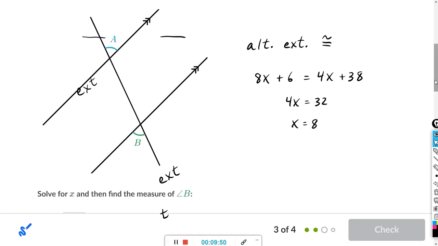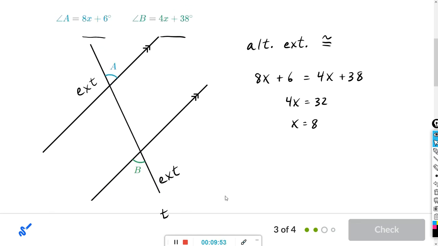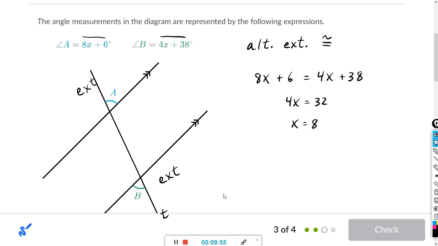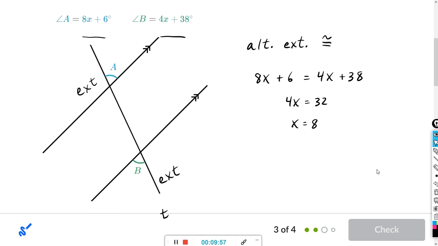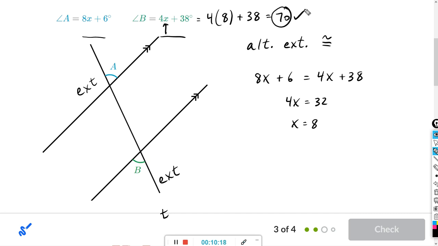They want the measure of angle B. So plug it in place of angle B. X equals 8. 4 times 8 plus 38. 32 plus 38, that's going to be 70. Final answer, just enter it in the box.